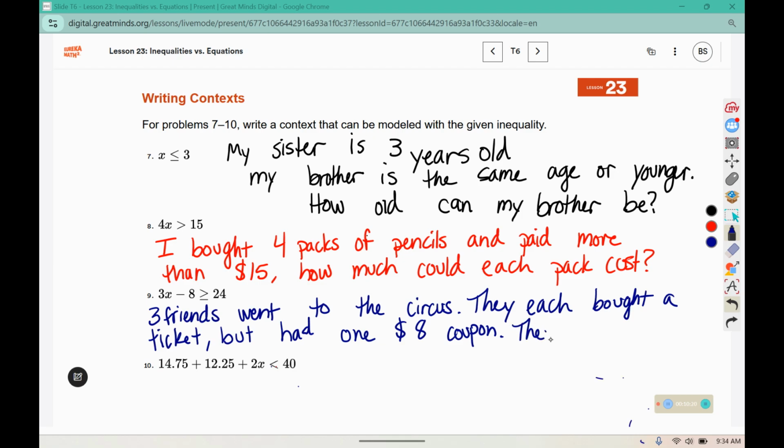Together they spend at least $24. How much could each ticket cost?